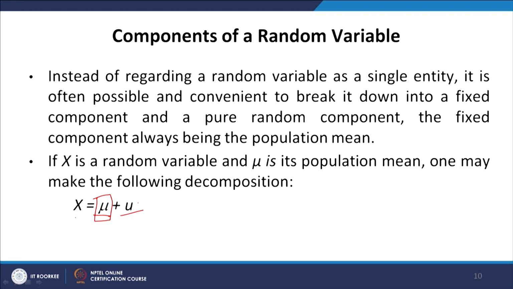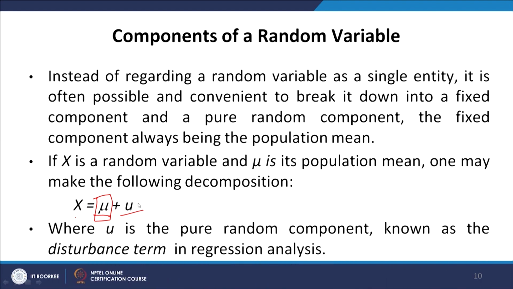So, if x is a random variable and mu is its population mean, one may make the following decomposition, where x is equal to mu plus u, where u is the pure random component known as the disturbance term in regression analysis. U stands for unobserved component. This unobserved component has certain uncertainties associated with it and is difficult to predict.